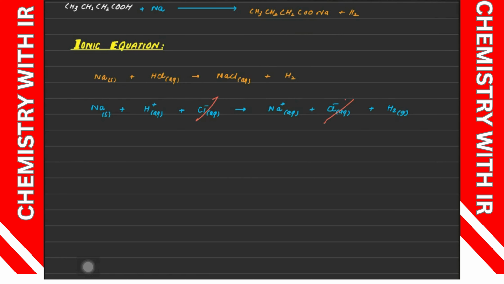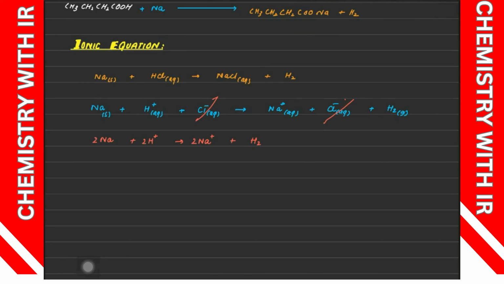After doing this, the remaining ones would be your final answer. So Na reacts with H+ to form Na+ and hydrogen gas. Then we are supposed to balance this equation.